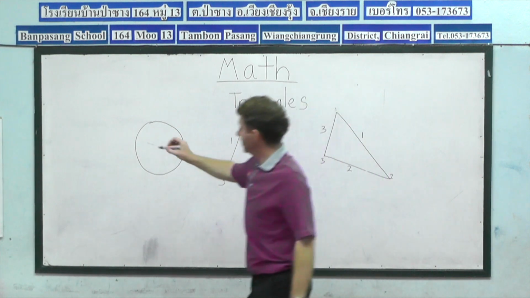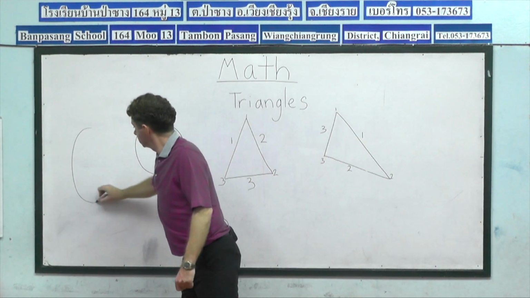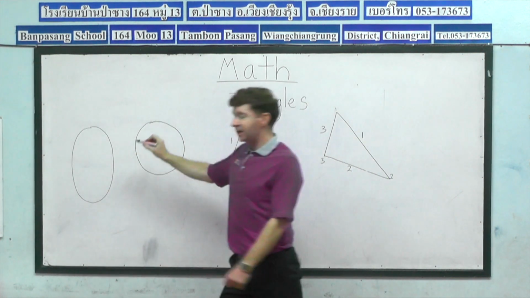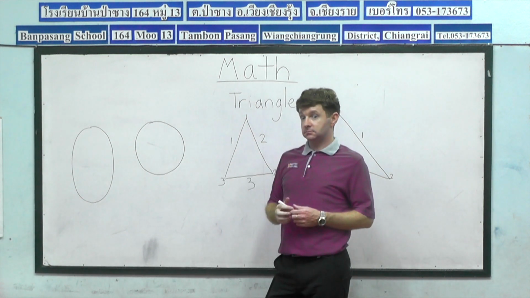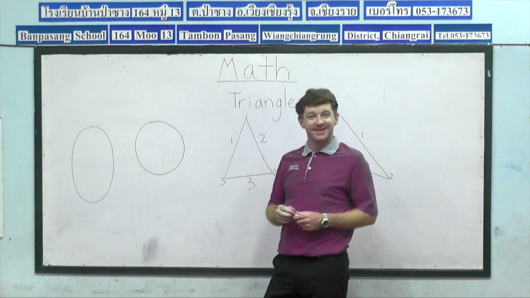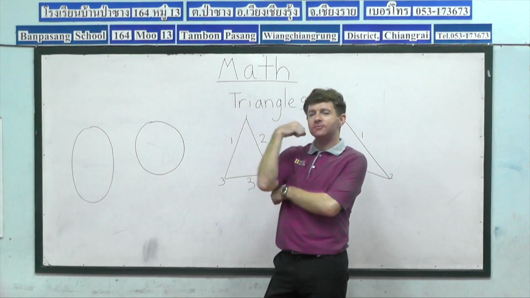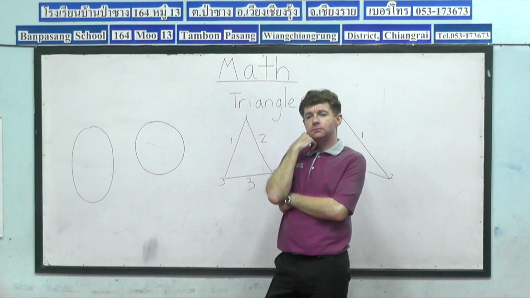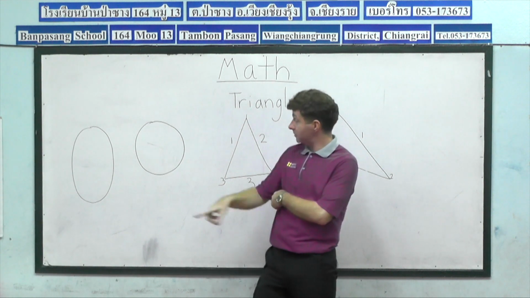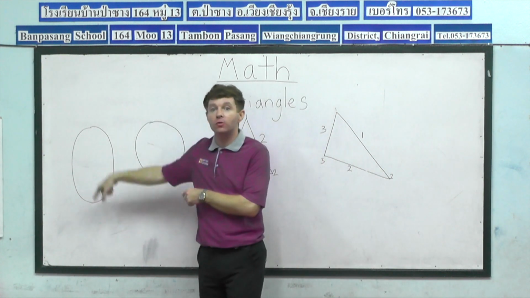But if I do a shape like this, is this a circle? No. What type of shape is this? Oval. How many sides does the oval have? 1. Same as the circle, it has one side all the way round.